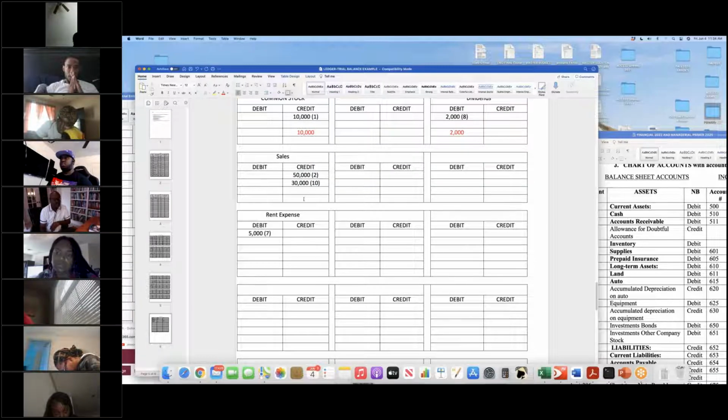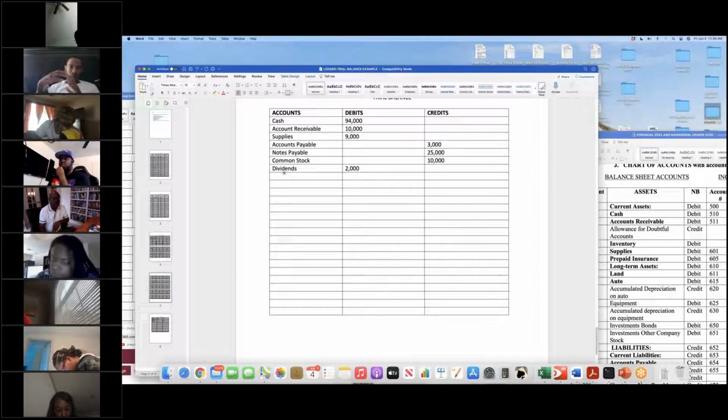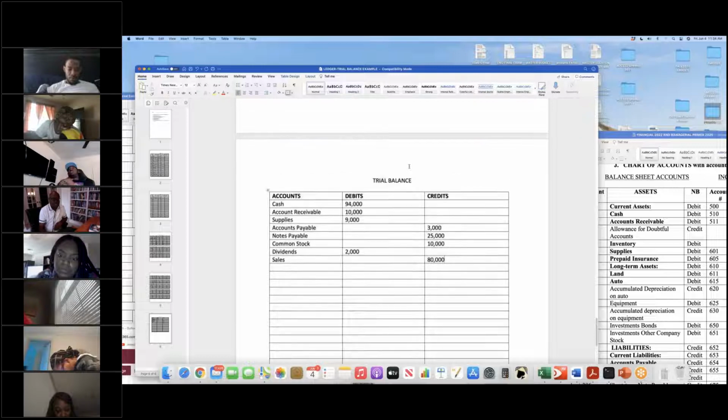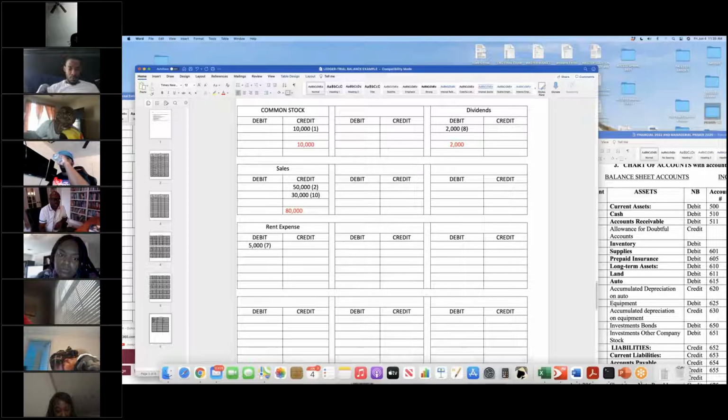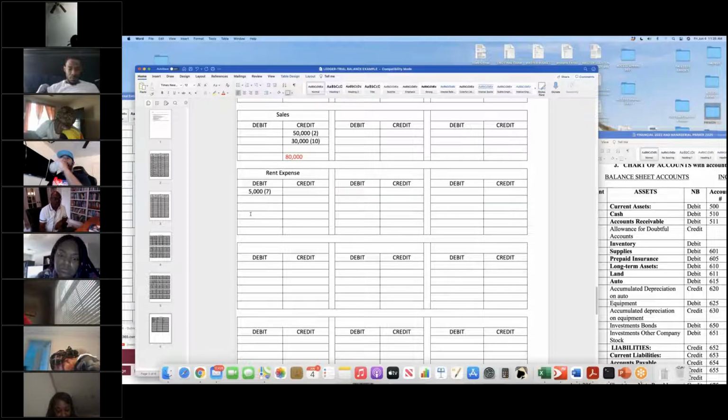We have two items in here, all on the credit side, so its balance is going to be what? 30,000. And finally, we have rent expense with a balance of what? One transaction, 5,000.